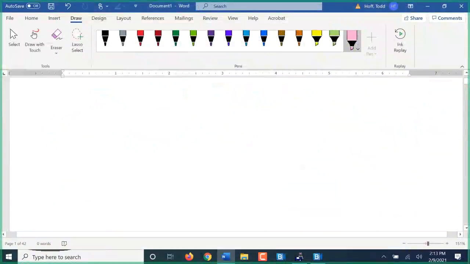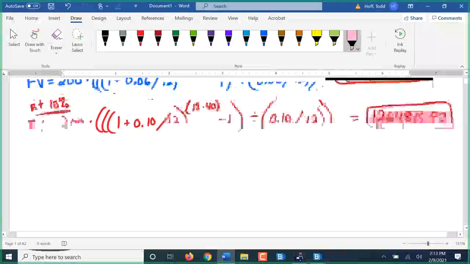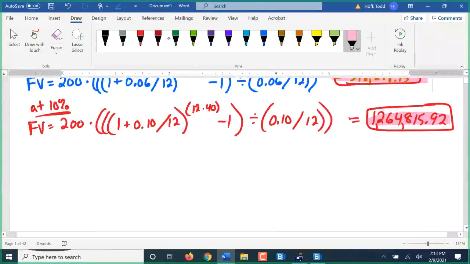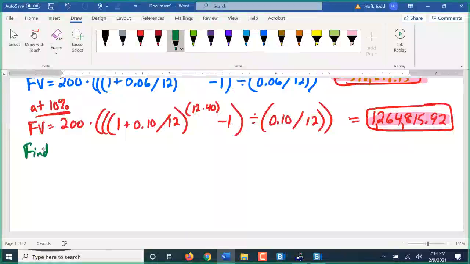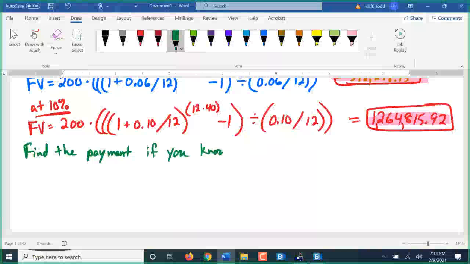Okay, so let's look going the other direction. Let's say you know how much you want. You want to find the payment if you know the desired future value, that large amount in the future.